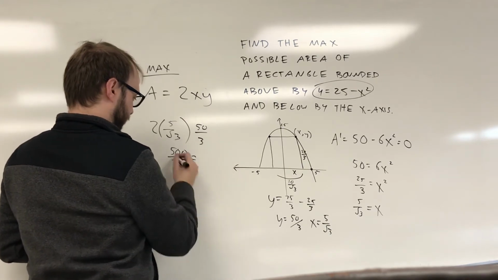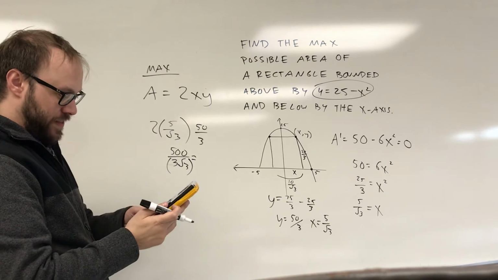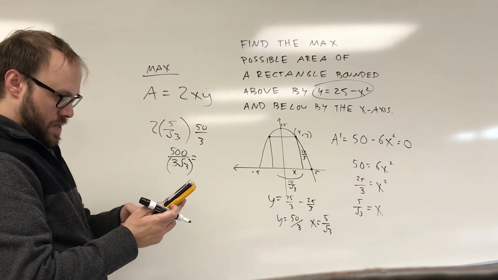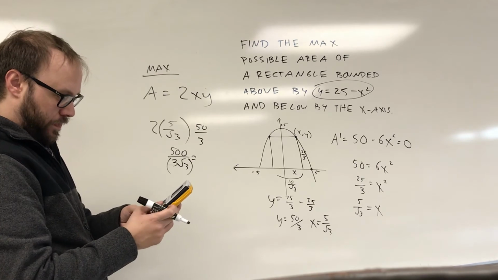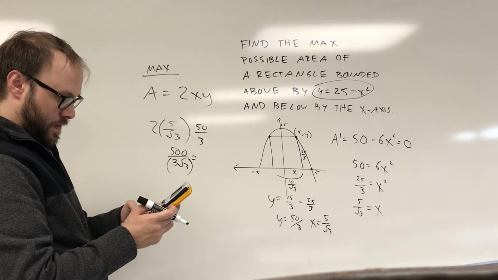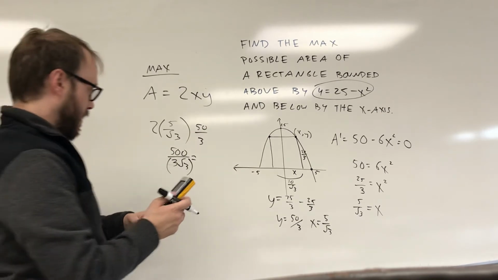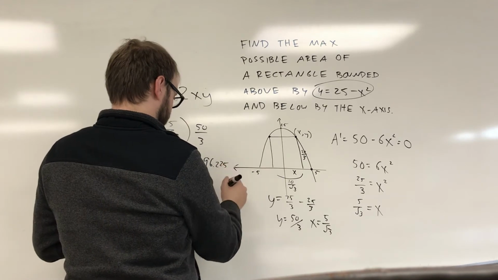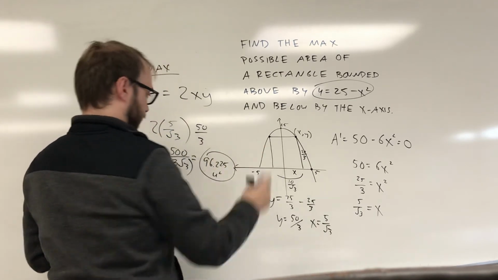If you put that in your calculator, make sure you put that 3 radical 3 in parentheses. Okay, that's going to be approximately 96.225 square units for the area of the rectangle.